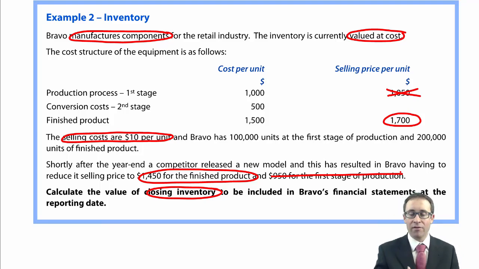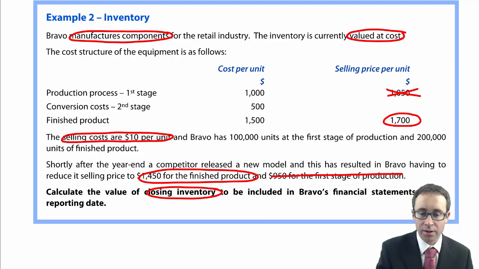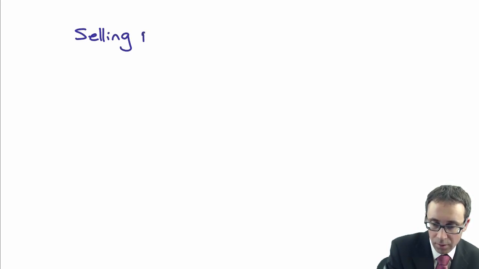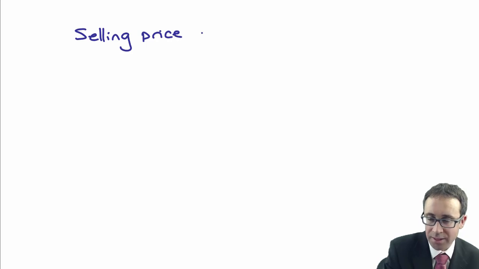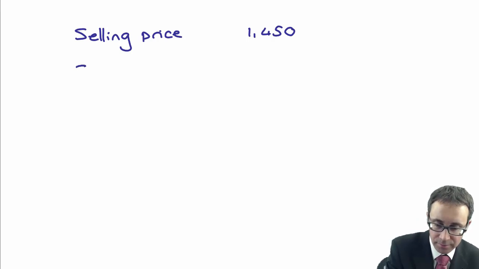When we look at our NRV, we work out the NRV based upon the NRV of the finished product. So what we need to do is work out the NRV. So our expected selling price is now 1,450, isn't it?